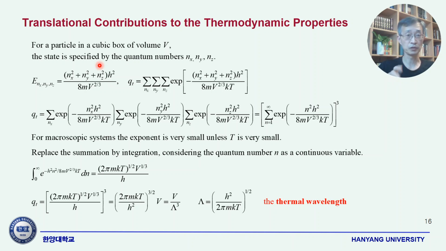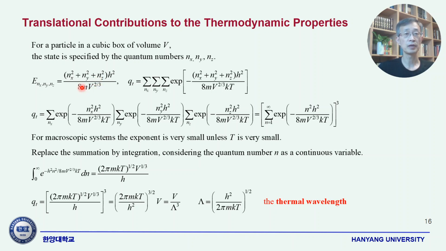The wave function we would obtain, the energy has 3 quantum numbers, one for each direction, nx, ny, and nz. And then the total energy is, you remember, n squared h squared over 8 m a squared, where a is the length of the box. In this case, the length of the box is V to the 1/3 power.